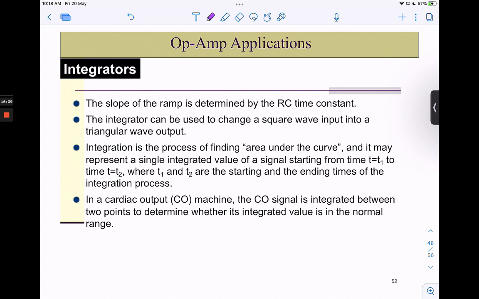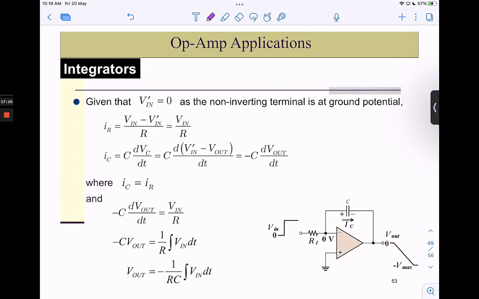So we can see from time 1 to time 2 what the value is in between these two times. We have a preset value for the normal range, and we can see if the value falls into the normal range or outside of it. Okay, that is one example of integrators.